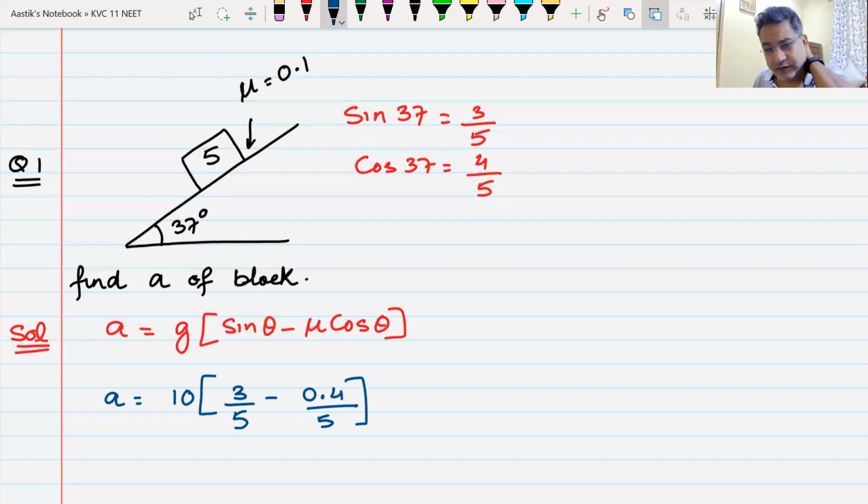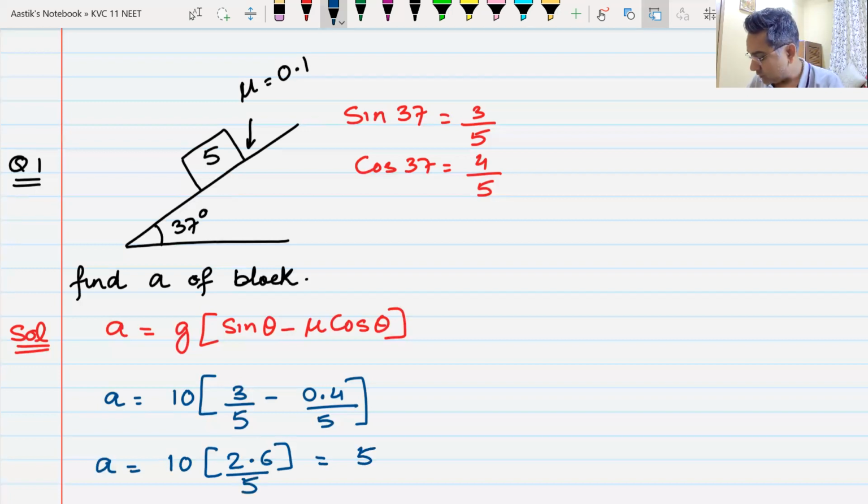So it will be 3 minus 0.4, which is 2.6. So acceleration will be 10 multiplied by 2.6 divided by 5. So the answer would be 2.6 into 2, which is 5.2 meter per second square. That would be your answer.